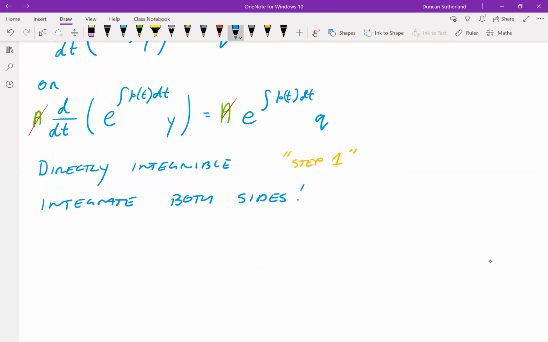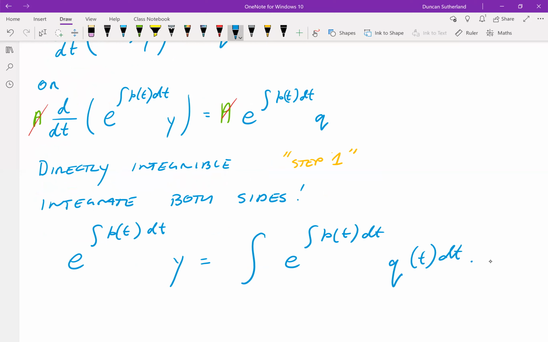Integration inverts the differentiation. So we can write e to the integral of p(t) dt times y equals the integral of e to the integral of p(t) dt times q(t) dt. Doesn't matter that these are awful functions.